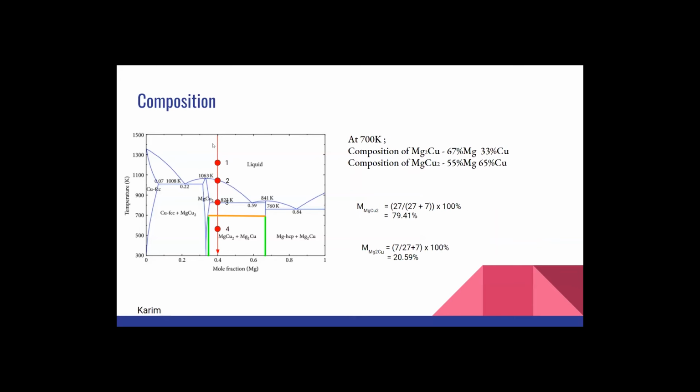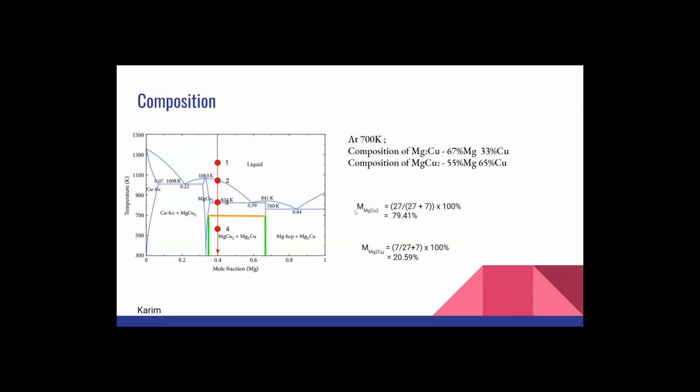The composition. At first, we chose this part at 700 Kelvin. The composition of Mg2Cu was 67% Mg and 33% Cu, and the composition of MgCu2 was 35% Mg and 65% Cu.